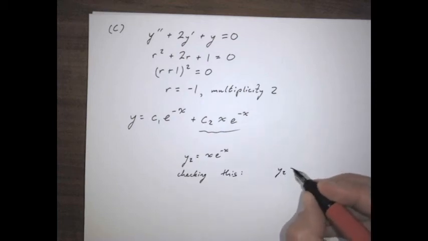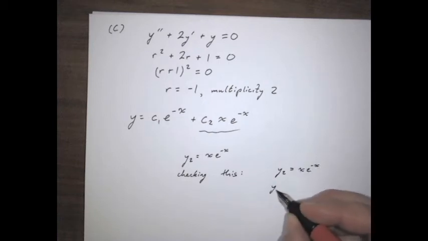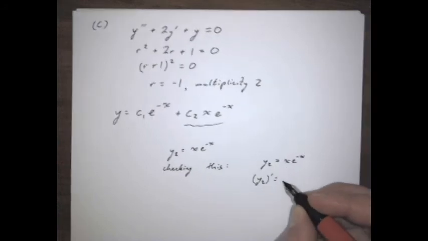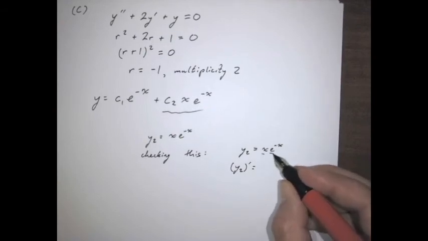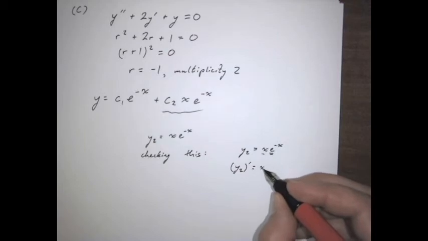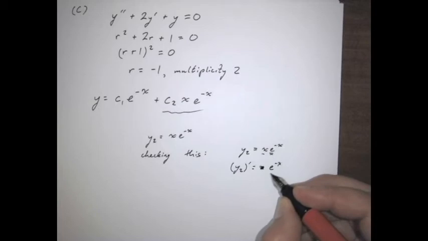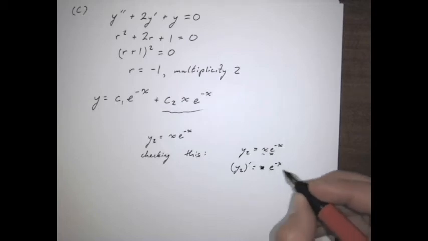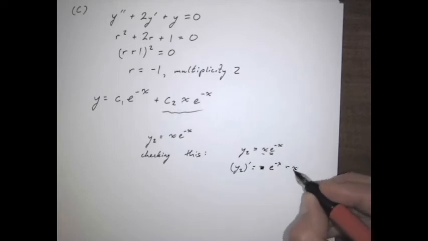let's figure out the derivatives that would be in play with y2. So y2 equals x e to the negative x. y2 prime would be the first derivative of this, so we'd use the product rule. The derivative of the first thing is just 1 times e to the negative x, and then plus, the first one is left alone and the second one is differentiated, so that's a negative coming down.